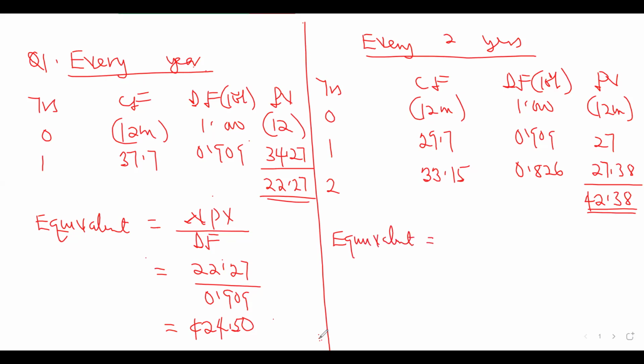That will be 42.38 divided by the annuity discount factor, which is 0.909 plus 0.826. If you put the two together, that will give us 1.735.